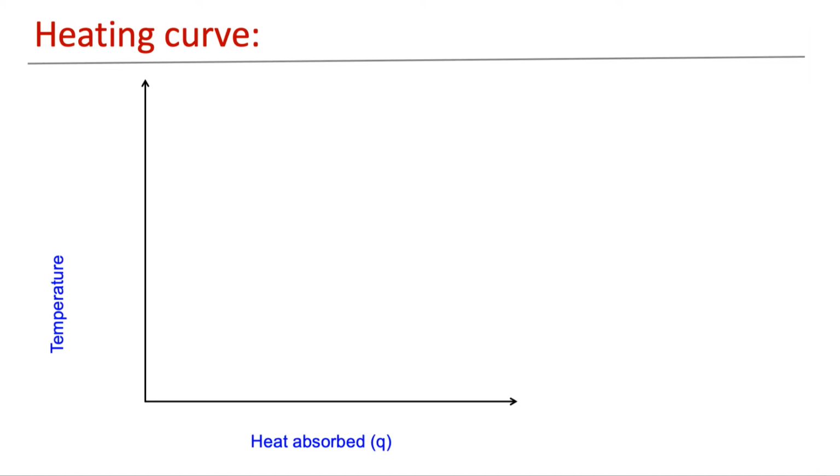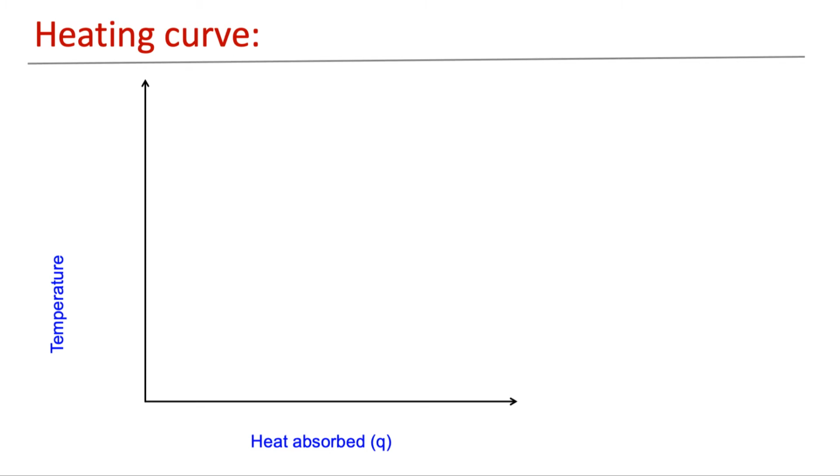We can represent this entire process and the energy changes associated with the process by plotting a heating curve. A heating curve is a plot of the amount of heat added to a substance on the x-axis and the temperature of the substance on the y-axis.